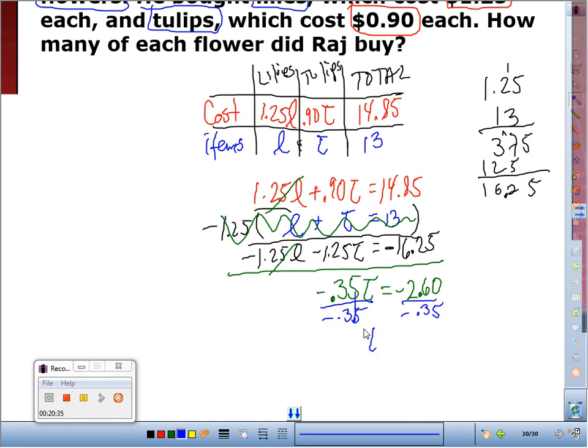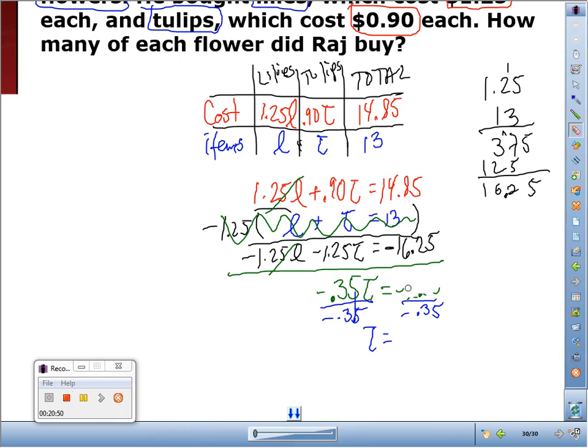We're left with T equals, let's see, yeah, not bad. This becomes negative 1.40.